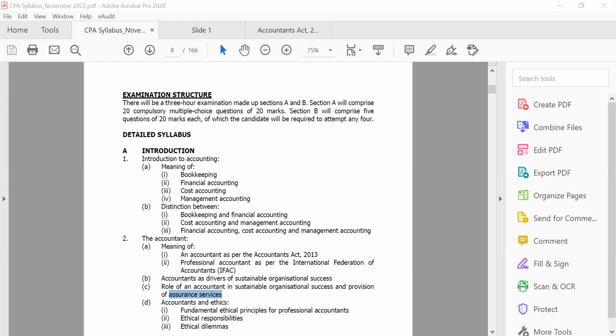a position, an independent position, to other users of financial information about how the organization is running. So it basically entails review of financial statements, transactions, and provide that independent position to the users of financial information.